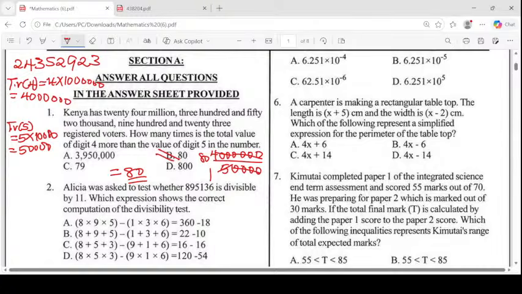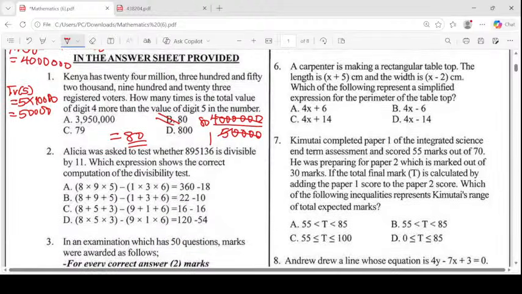Now, having this, we are also going to have question number 2. Alice was asked to test whether the number 895,136 is divisible by 11. Which expression shows the correct computation of the divisibility test?